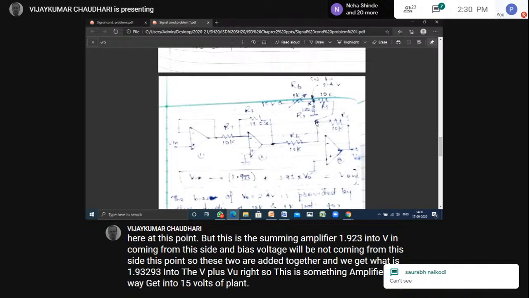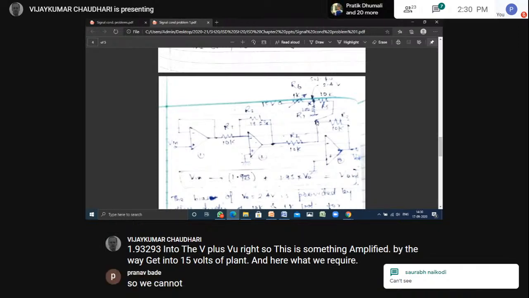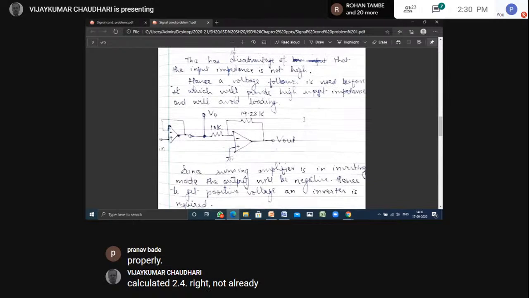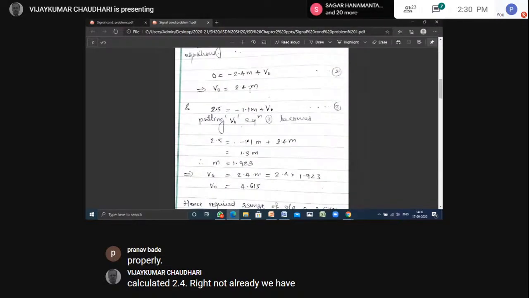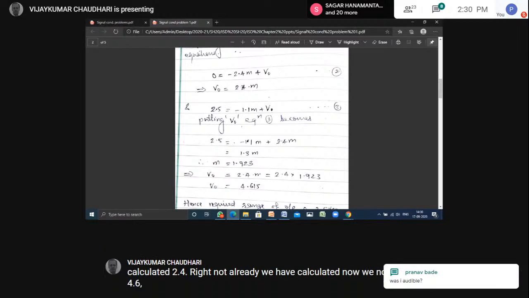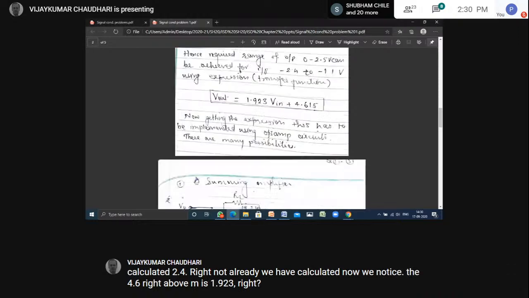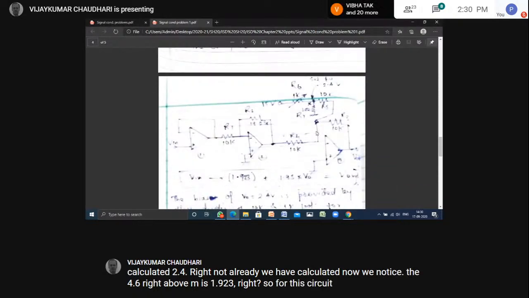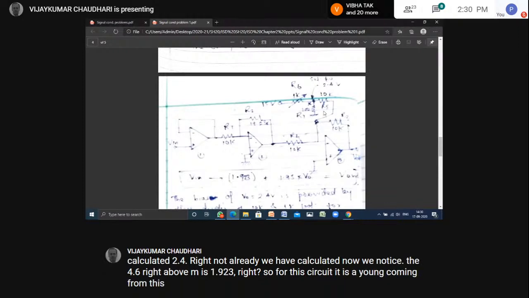Here at this point V0 is what we have calculated, 2.4, right? V0 we have already calculated earlier. Into M is 1.923, right? So for this circuit, here is the M coming from this, and here is 2.4 at this step.